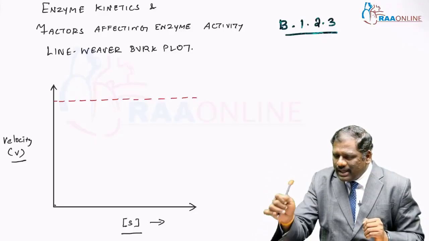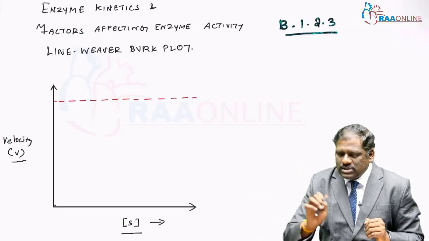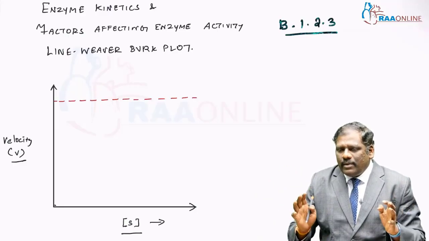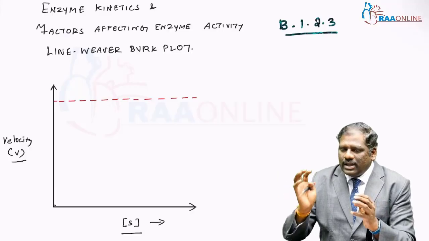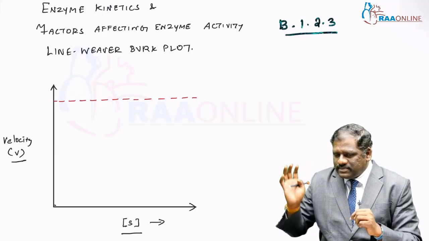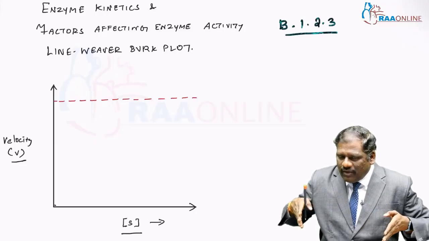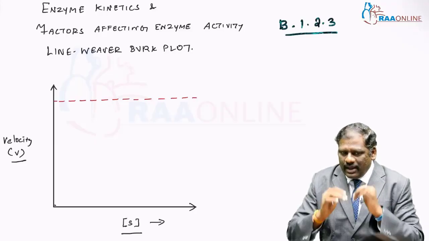Now, you slowly increase the concentration of the substrate. It means what? Once you increase the concentration of the substrate, the number of substrates binding to the active sites increases. The number of substrates binding to the active sites increases means what? Your reaction is getting forwarded in a much faster way.